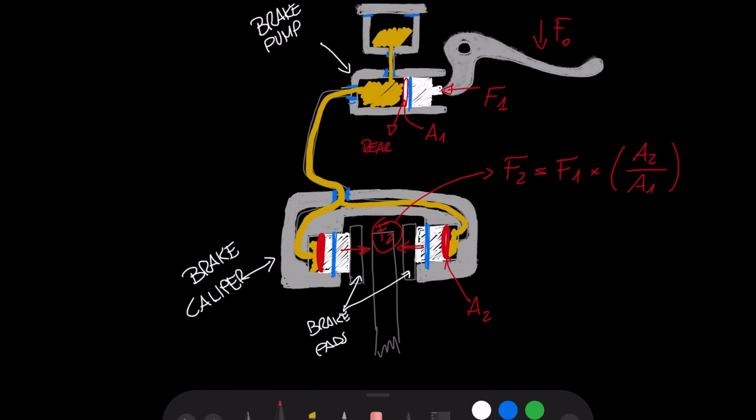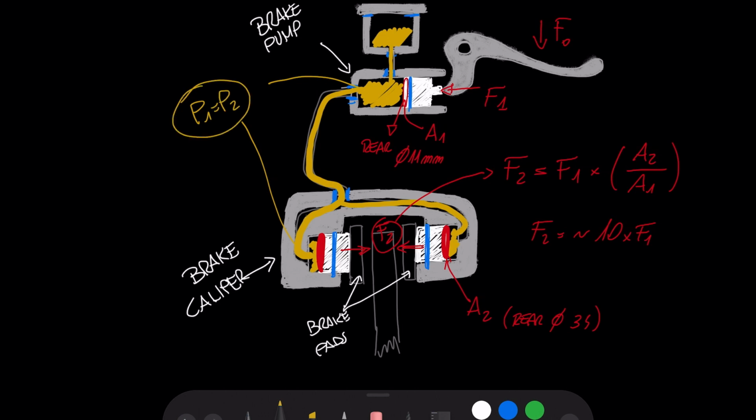The main piston of the Ducati is 11 mm, and the diameter of the caliper one is 34 mm. So it means that when we apply a force F0, or better to say force F1, it will lead to a 10 times higher force on the brake pads.